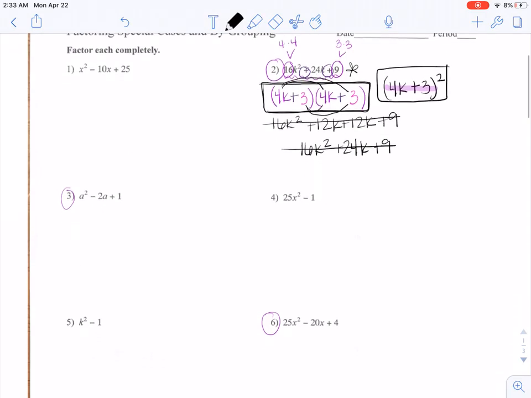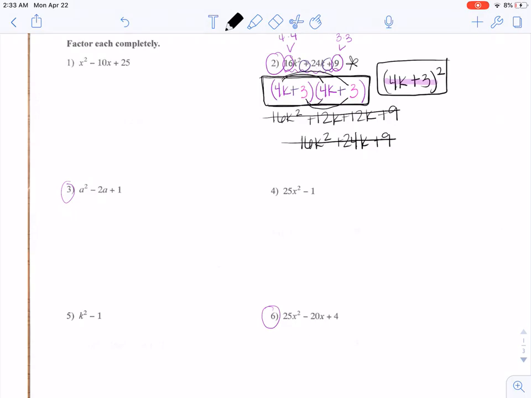Let's move on and look at number 3. We're going to approach it the same way. Do I have a perfect square? Do I have multiple perfect squares? Well, I have 1a squared, so I know I'm going to be able to break that apart, and I have a and a. Then I have 1 and 1.